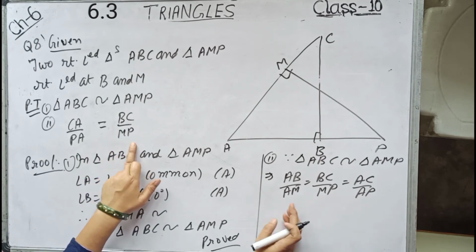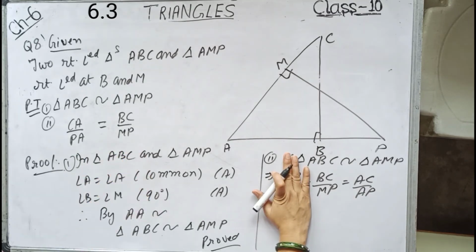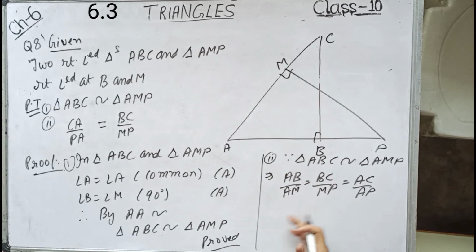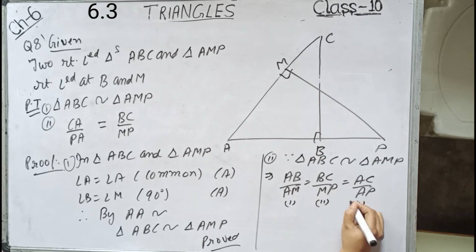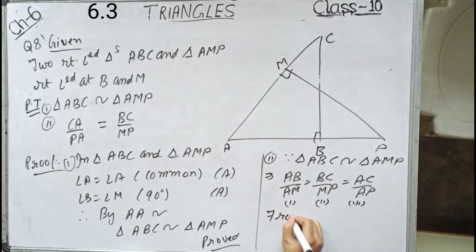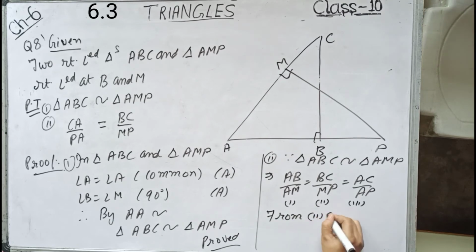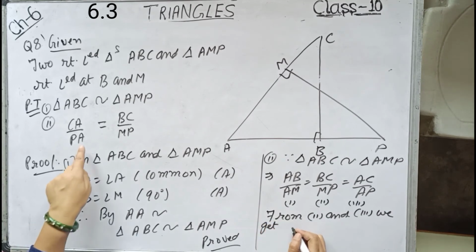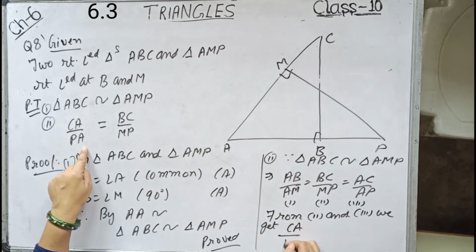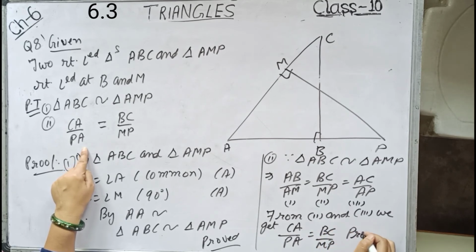You can write these two and hence proved, or you can write all three. From 2 and 3 we get CA by PA equals BC by MP. Proved.